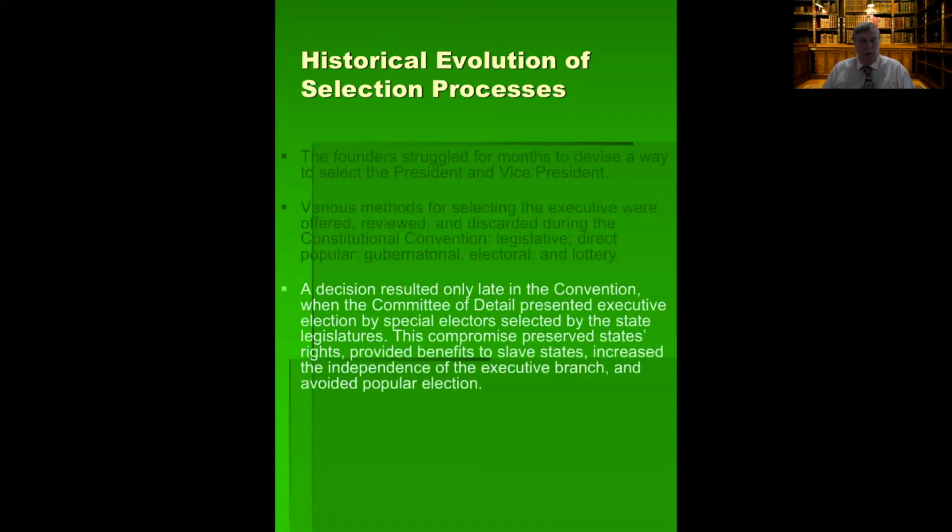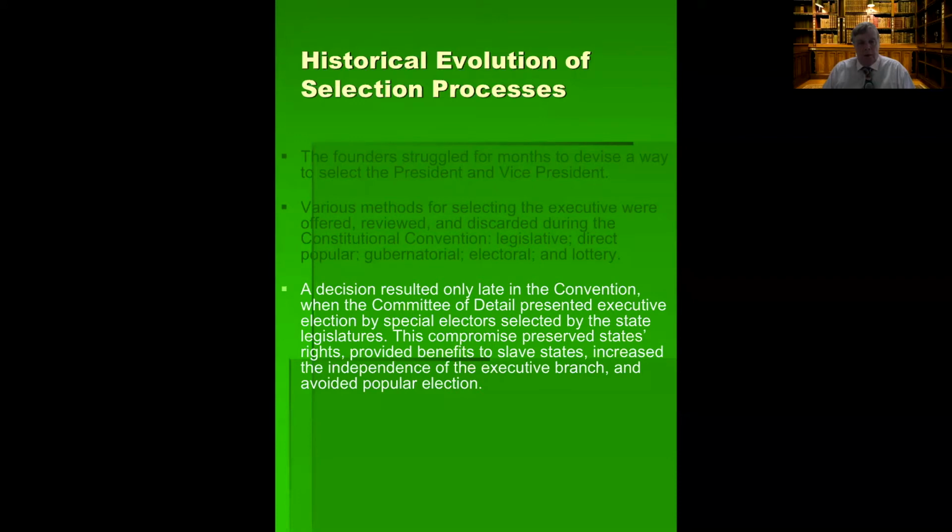A decision resulted only very late in the convention when the Committee of Detail presented executive election by special electors selected by the state legislatures. This compromise preserved states' rights, provided benefits to slave states, increased the independence of the executive branch, and avoided direct popular election.